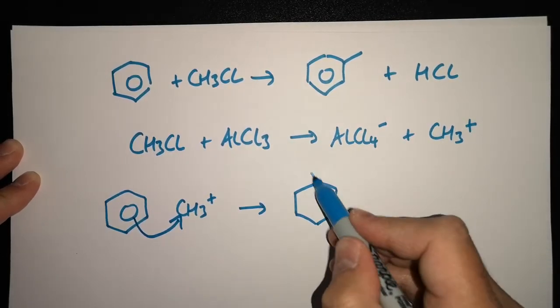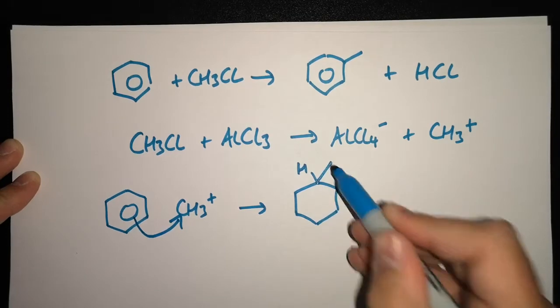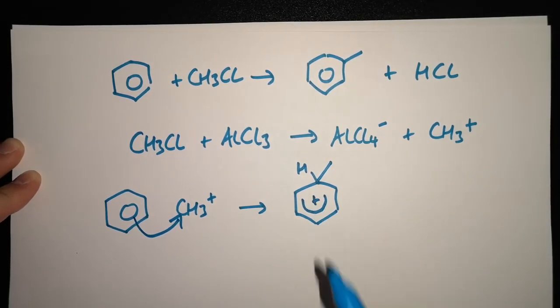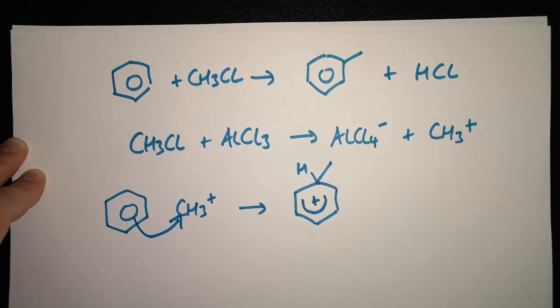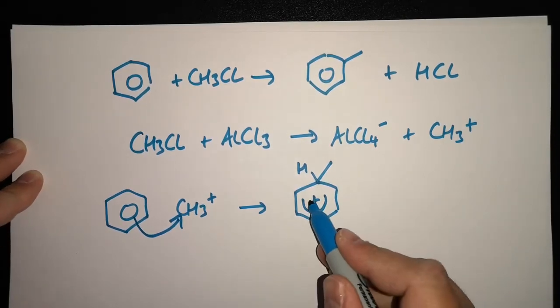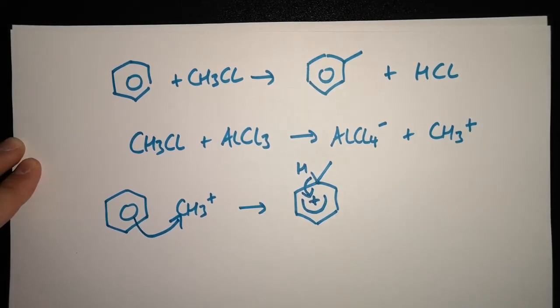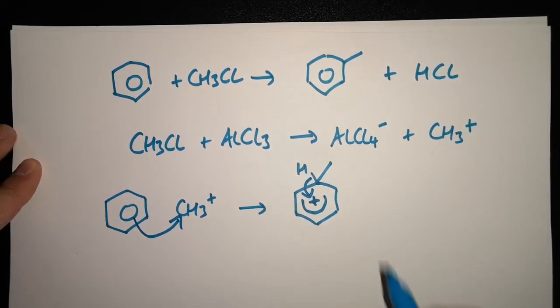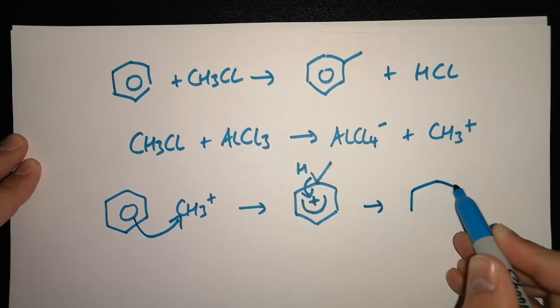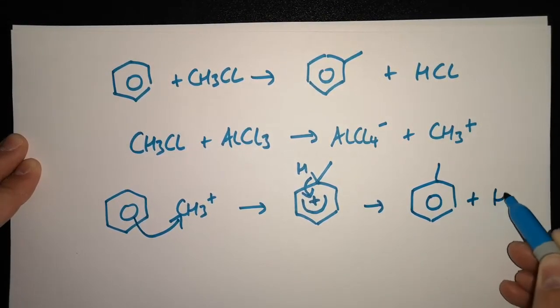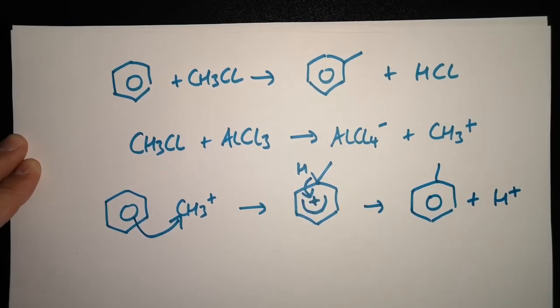So in this case we have a hydrogen still attached and a methyl group. That's the carbon with 4 bonds, so it cannot take part in the delocalized system. So we have our horseshoe shape with a positive charge in the center. Then movement of the pair of electrons from this carbon to hydrogen bond back in to recreate the delocalized system and form methylbenzene and my H+ ion.